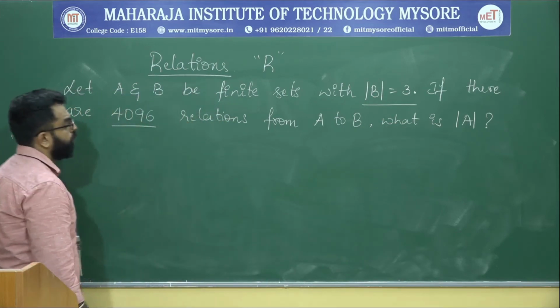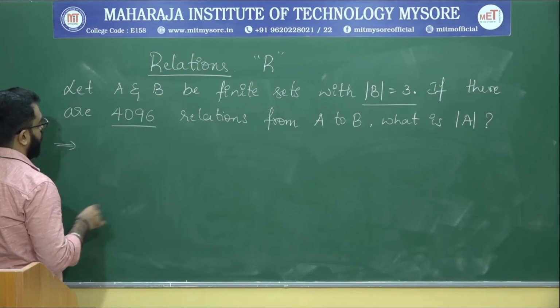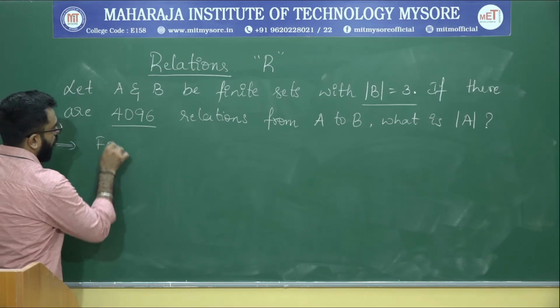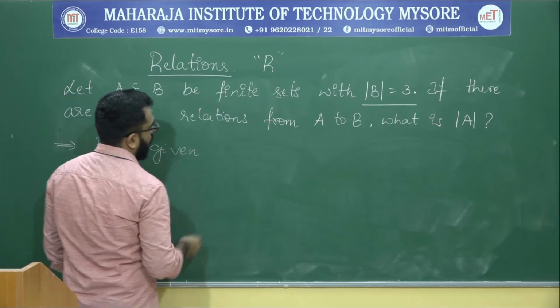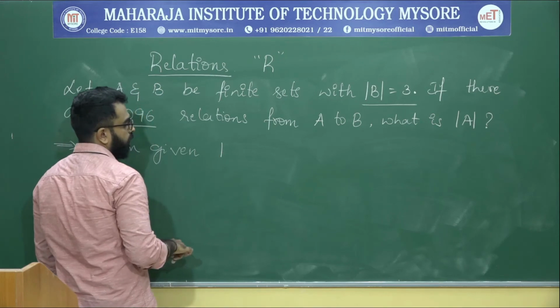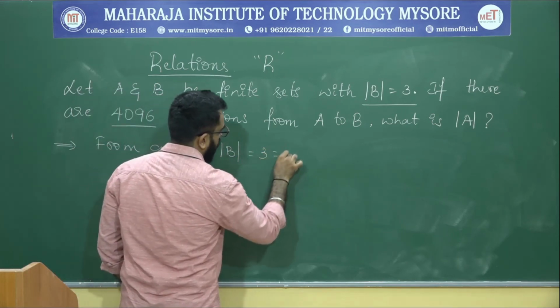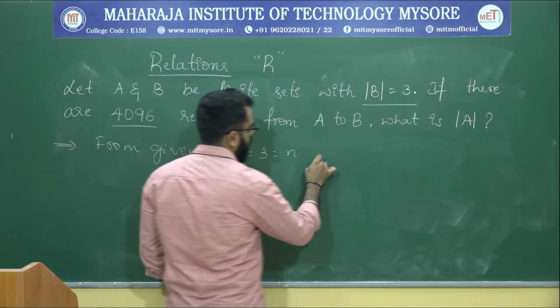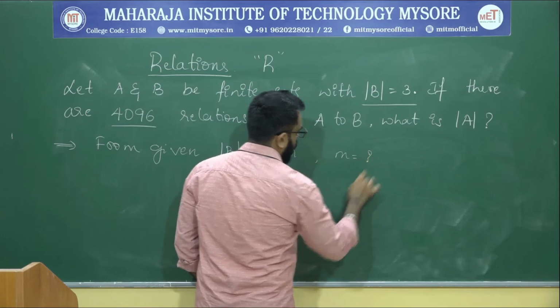So from the given, let us try to elucidate the information from the problem. The size of set B is 3 and we will consider this as n. And what needs to be identified? m is supposed to be identified.